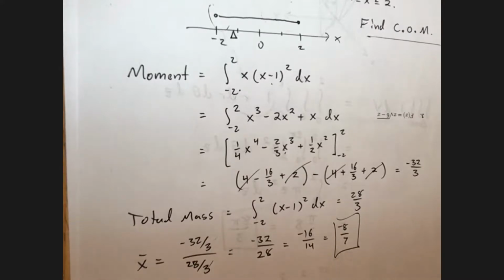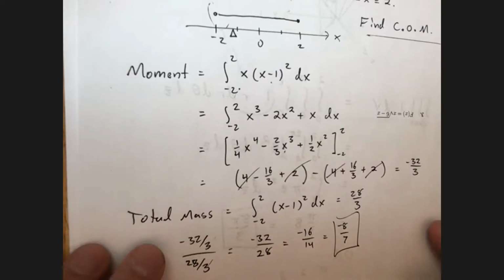We could also find the center of mass for a plate, a two-dimensional region. For instance, this is number 297 in your book.